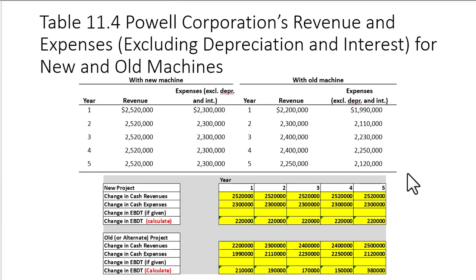So in the spreadsheet, we can do this fairly simply by adding the revenues and the expenses and then putting a formula in so it does a calculation. So now we'd end up with the change in earnings before depreciation and taxes for this analysis with the project and then without the project.